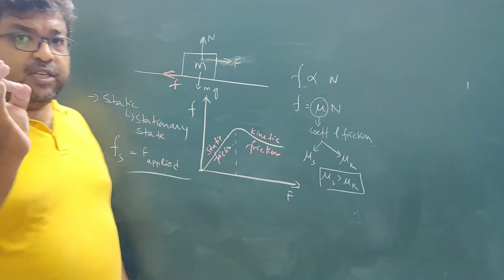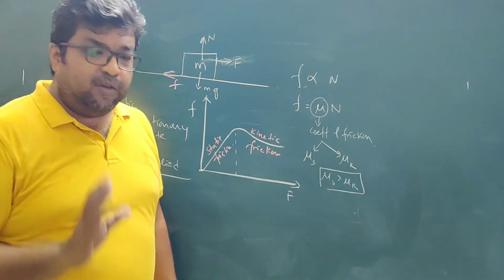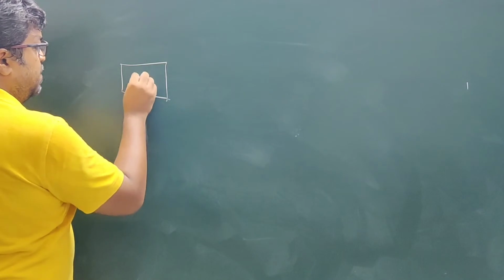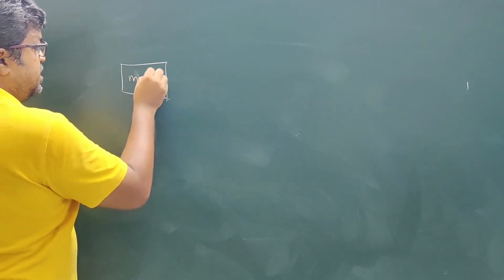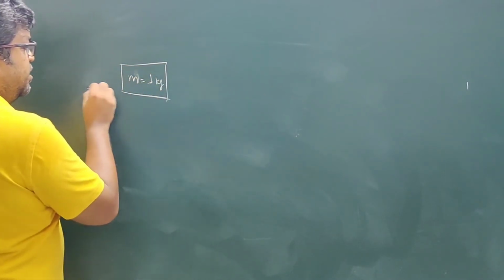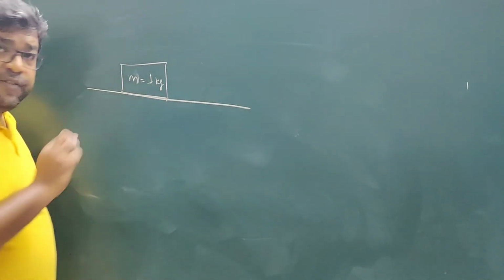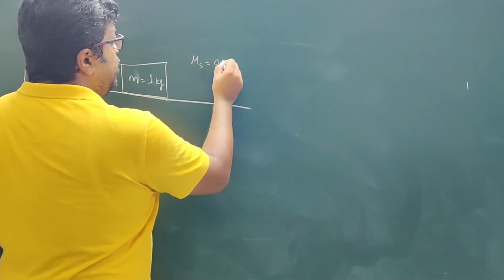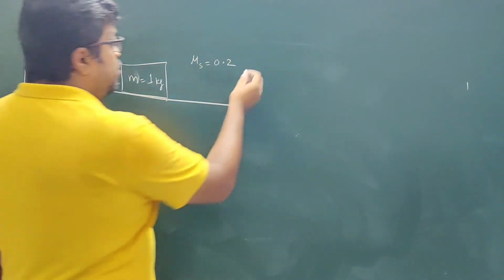Now let us apply this concept to solve a very interesting question. We have a block of mass 1 kg placed on a horizontal rough surface. There is friction, and mu s, the coefficient of static friction, is 0.2.